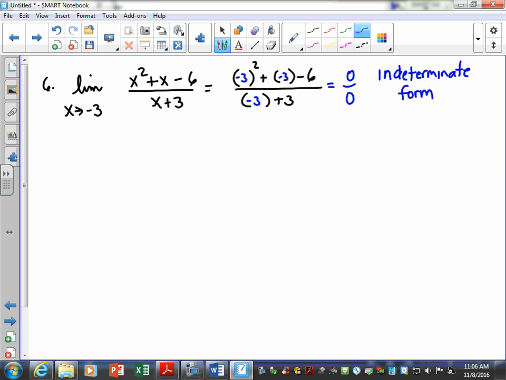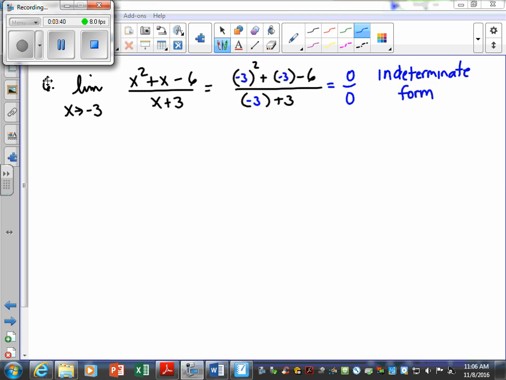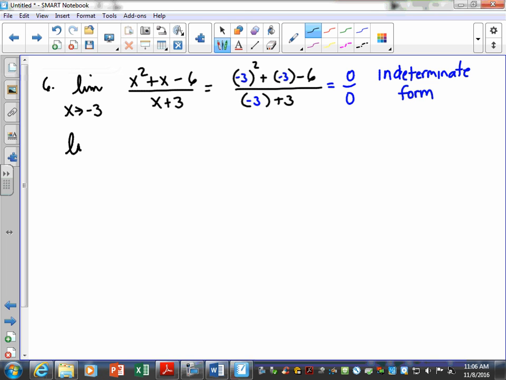So what we want to do is factor the numerator, factor the denominator, and see if we can cancel like factors. So what multiplies to give us -6, adds to give us +1, factoring. I can rewrite this as the limit as x approaches -3. The numerator would be what? X plus 3, x minus 2.